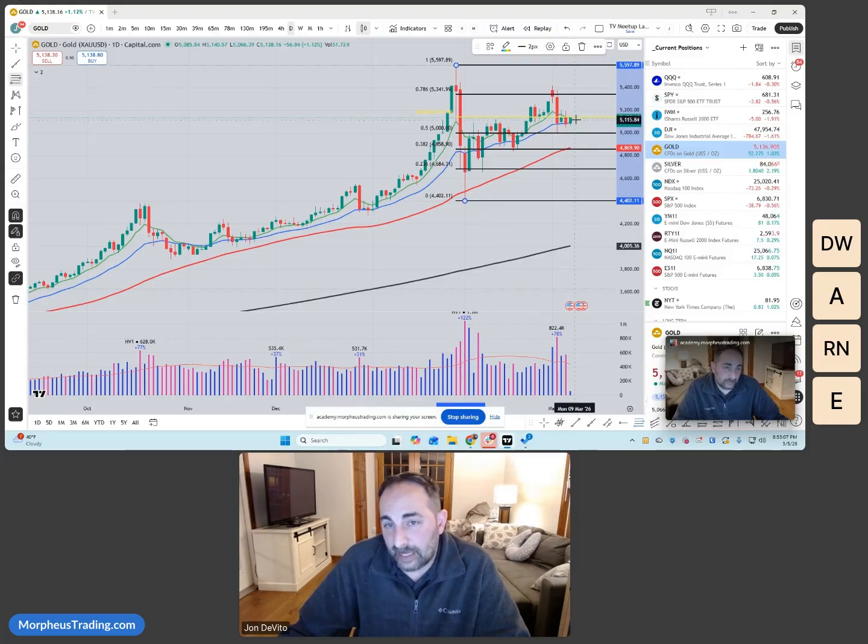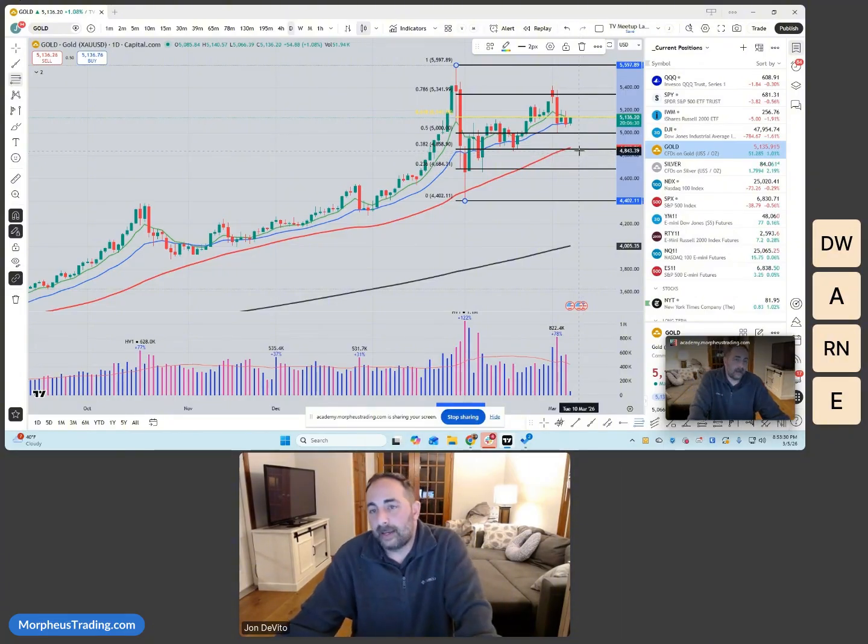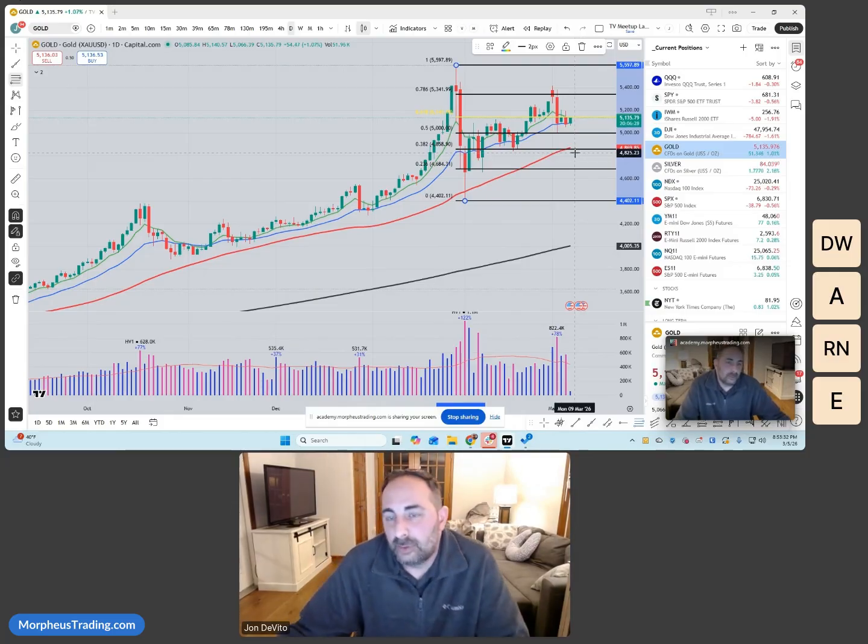If it came down to the 382, the 382 has a moving average. It has pivots here. It has chop in here. If it came down to there, I would take a trade like that and put my stop a little bit over here or something similar, depending on where I got in. You can do things like that if you know that you have a tight stop.